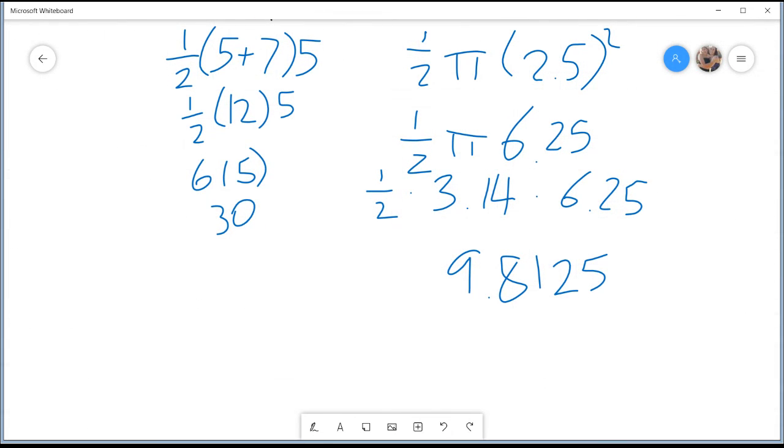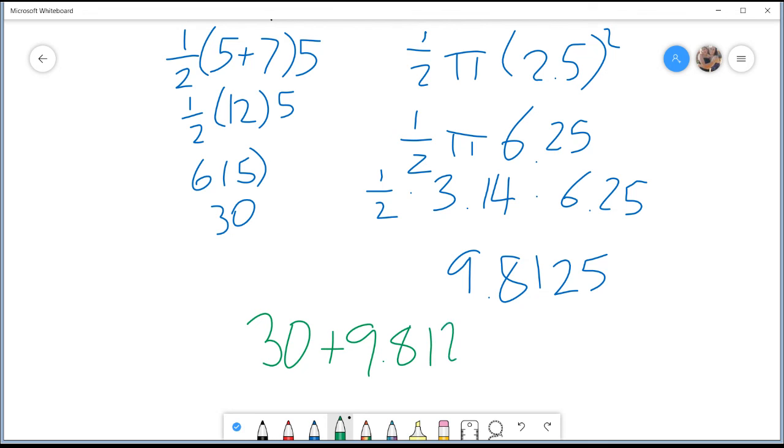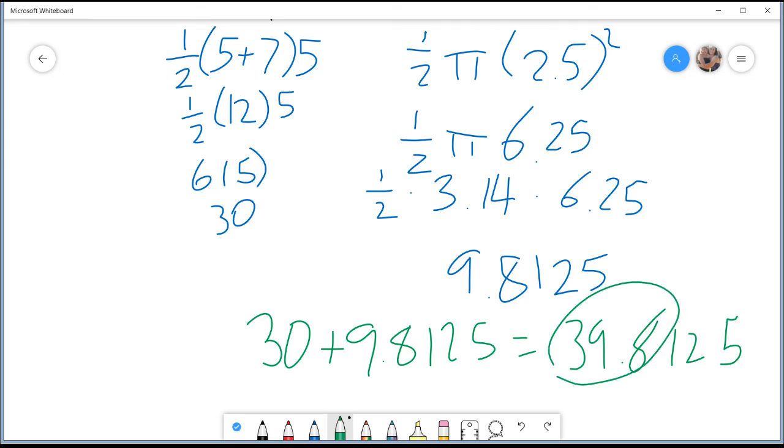So that means we're just going to take this 30 plus the 9.8125, and we're going to get 39.8125. If I had to round to the nearest tenth, it would just be 39.8. Make sure you look and see exactly what you should be rounding to when you work on your homework.